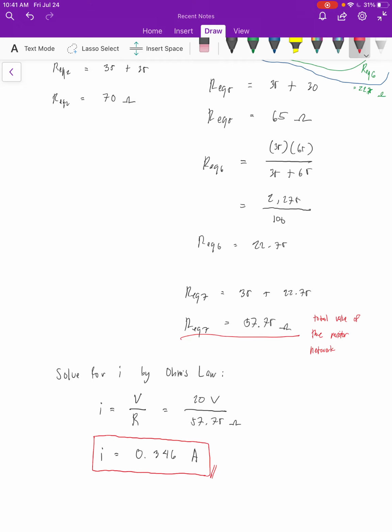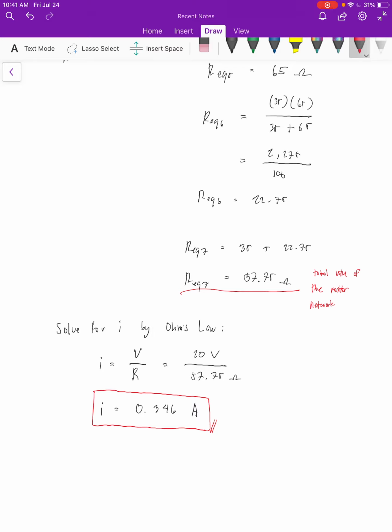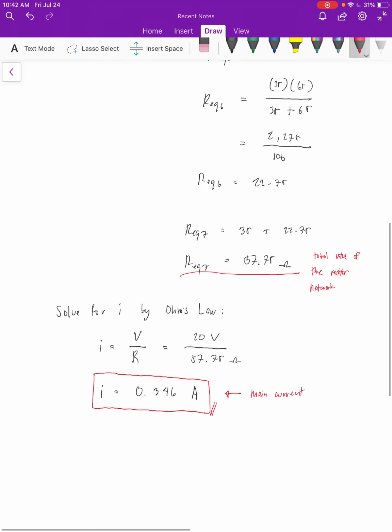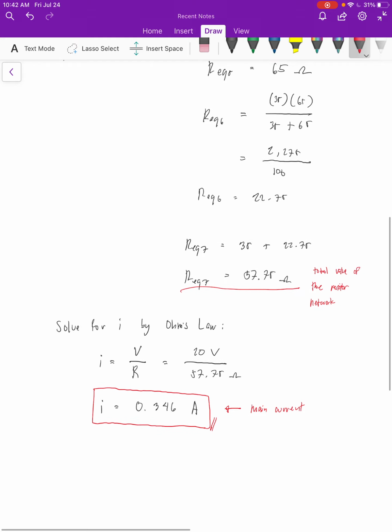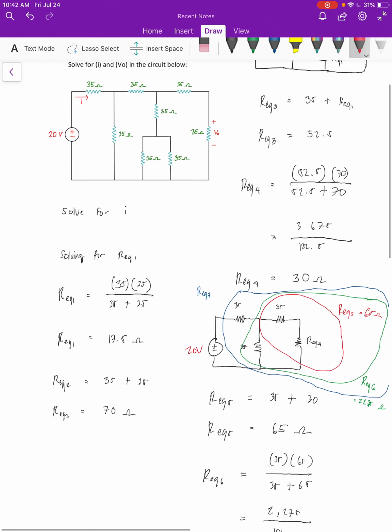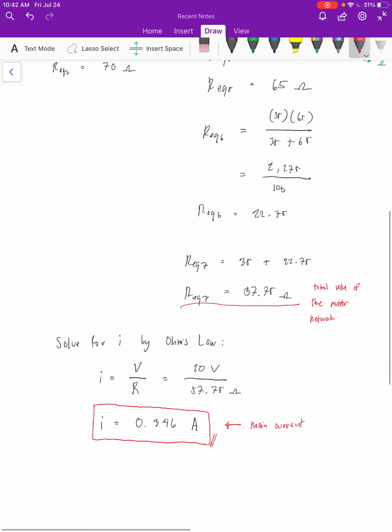So it is important that when you solve a problem, you need to box the final answer and perhaps label, and don't forget to place a unit of measure in your problem set. So yep, going back to this diagram, we have now solved the value of I, which is equal to 0.346 amperes.